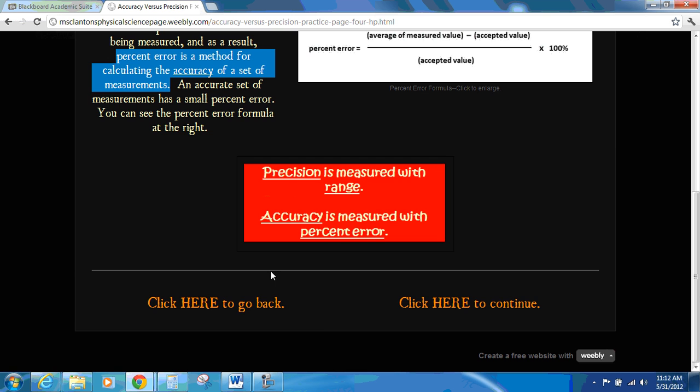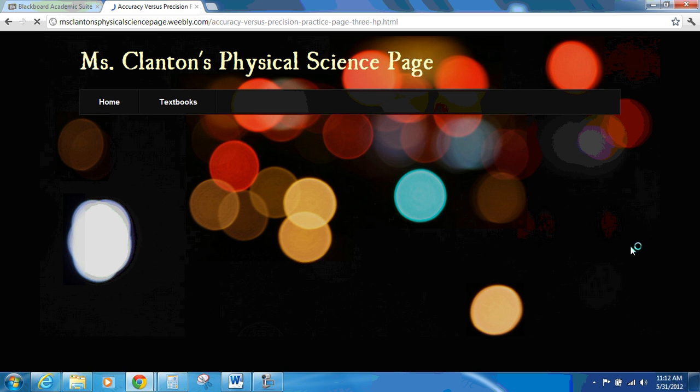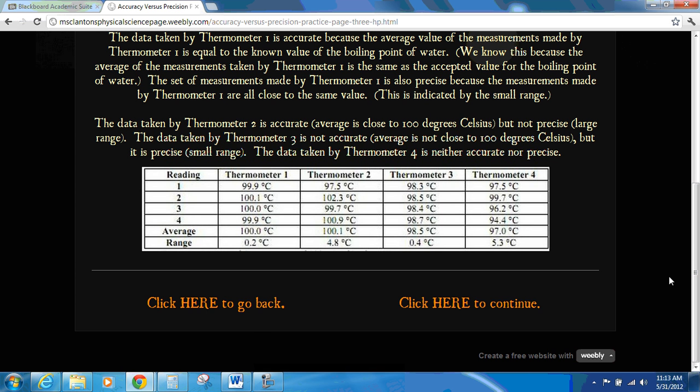So what we're going to do is go back to our data table. And again, we'll be calculating the percent error for thermometer number 1. Now, if you remember, the percent error formula asks us to not only find the average of the measured values, but also to find the actual or accepted value of whatever we're measuring. So we need to figure out what that is. What's the accepted value of whatever we are measuring?